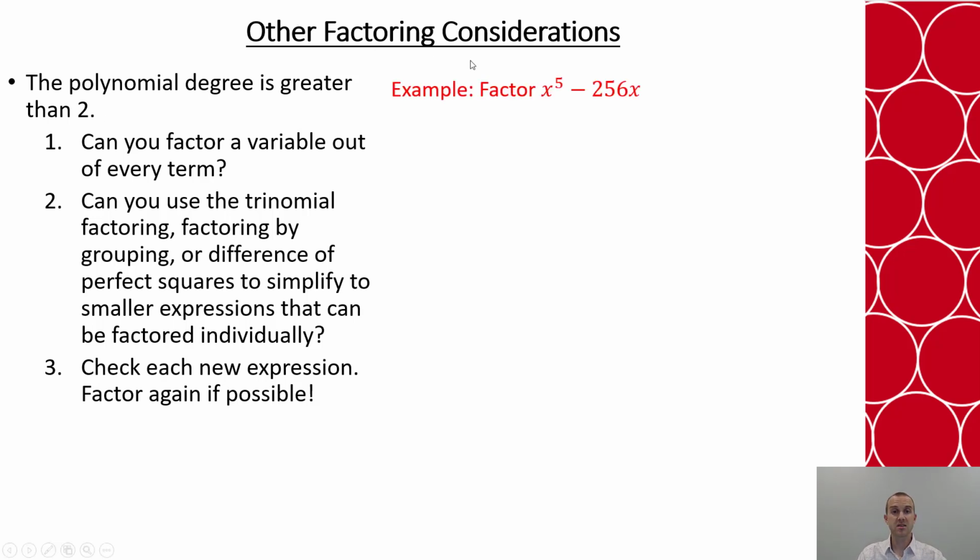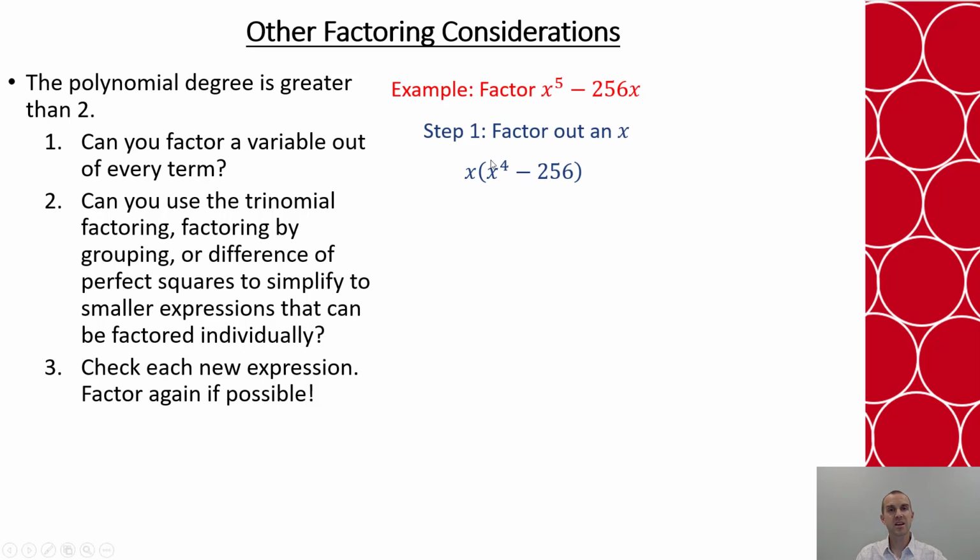So let's look at this expression here. x to the fifth minus 256x. First, start with the monomial factoring. They both have an x. I'm going to factor out x. That gives me x times the quantity x to the fourth minus 256. Now I'll look and say, okay, there's only two terms there. Let's see if it's a difference of perfect squares.